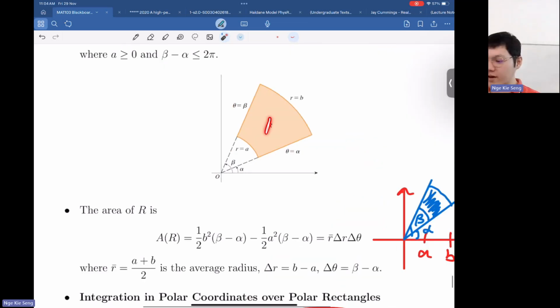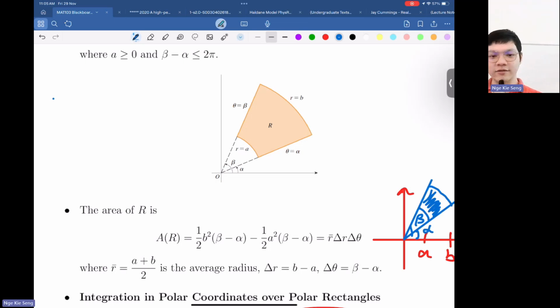So let's see. How do you compute the area of this? Area of a cuboid is easy, right? You just take width and length. But here, how to compute? You don't know how to compute this piece, but you know how to compute a proper slice of pizza. How to get this shaded region?